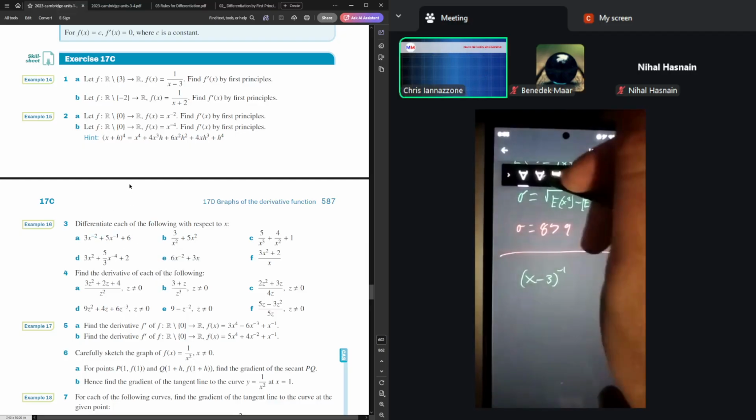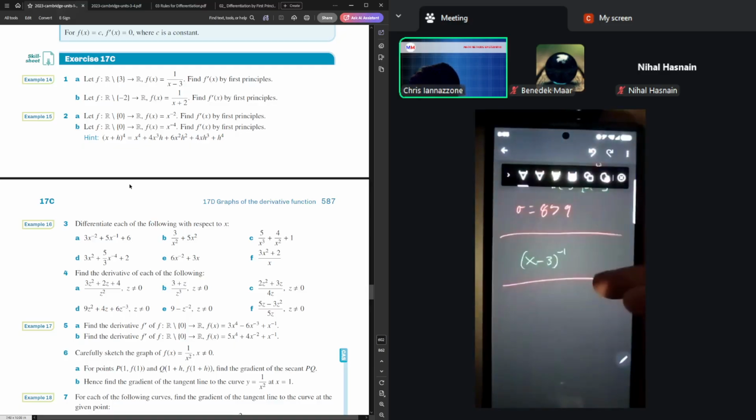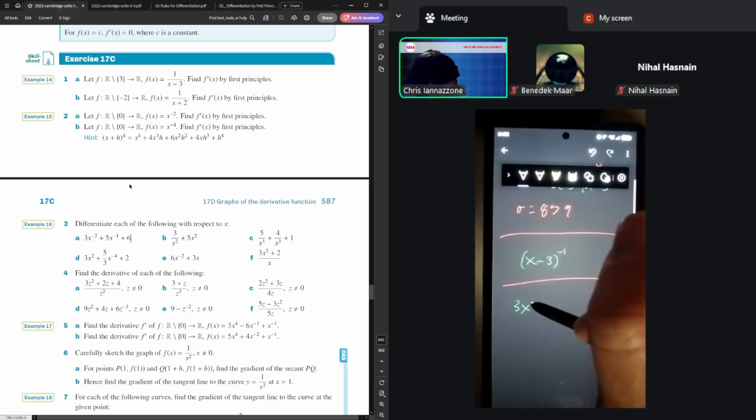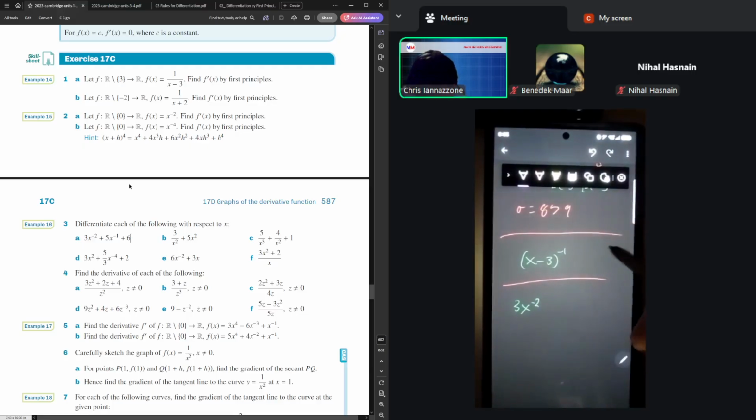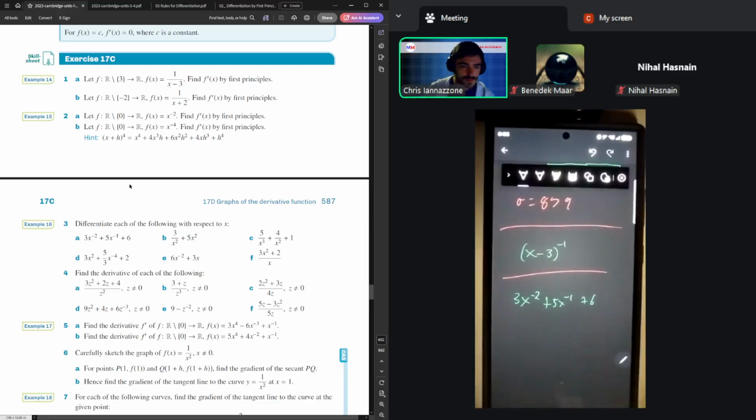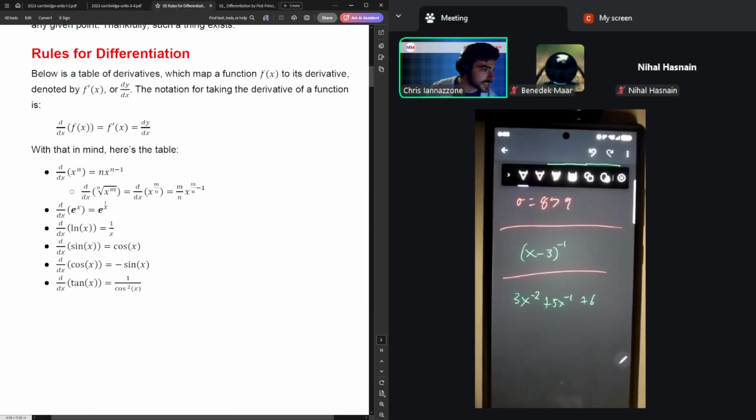So if we're using our formula sheet to solve that particular question, if I pull up this one, 3x to the power of negative 2, 5x to the power of negative 1, and 6, it is still just power down the front, reduce it by 1, just like you've done before.